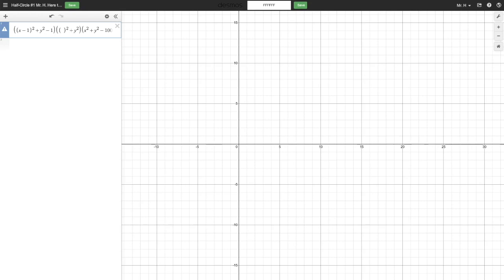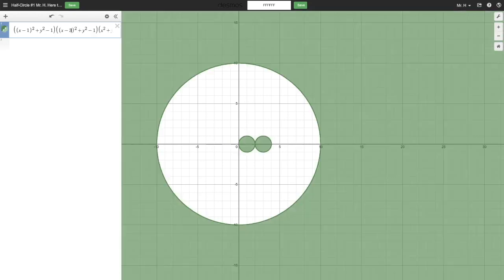So each one of these are going to have that minus 1, but notice this one I think will be x minus 3, which brings it over to exactly the right place. So we're going to have 5 be the center here, and then 7, and then 9, and so on. So really what we have here is a little sequence of values from -9 as the center up to +9 as the center.